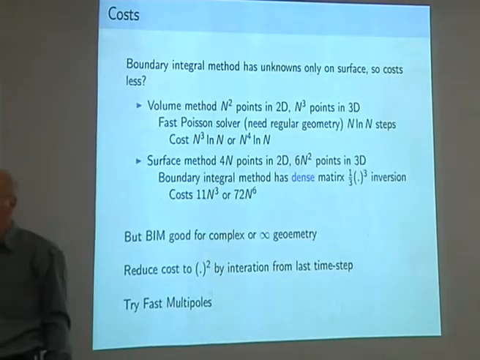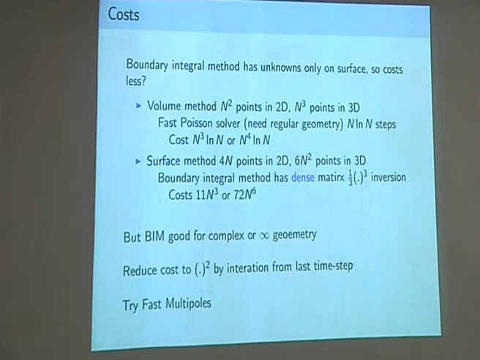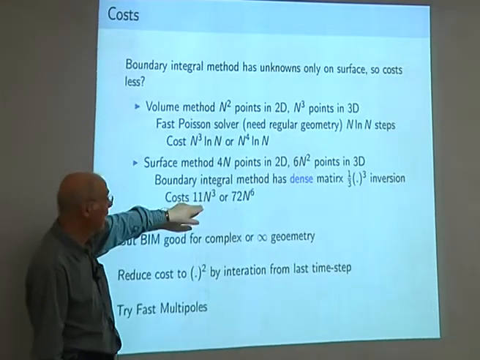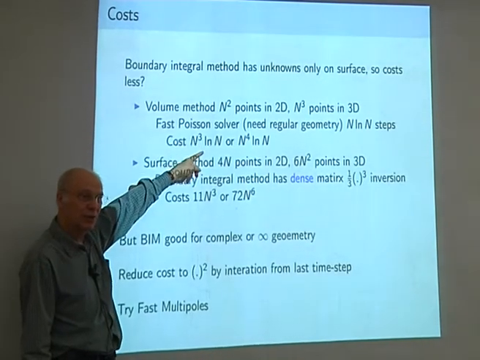For the boundary integral method, I have 4n points, so I have a matrix which is 4n times 4n. Unfortunately, that matrix is dense. There's not a fast solver, so I have to have a full solver whose cost is 1/3 the size of the matrix cubed, and so the cost is about 21n cubed. So it is about the same as n cubed log n.